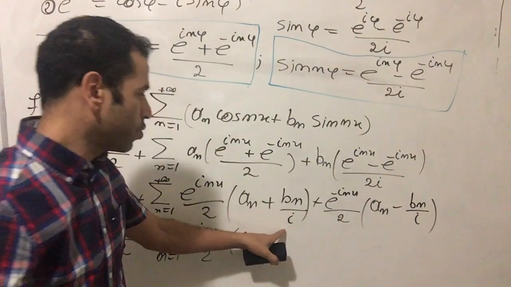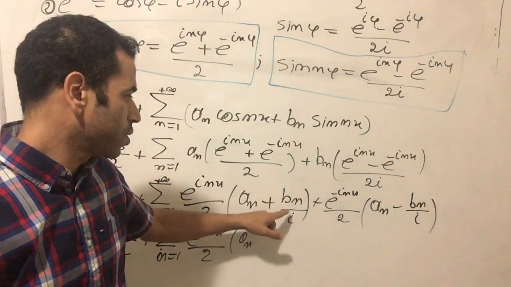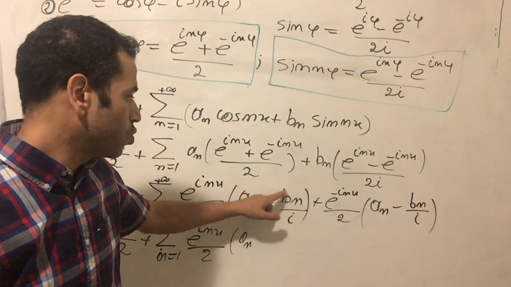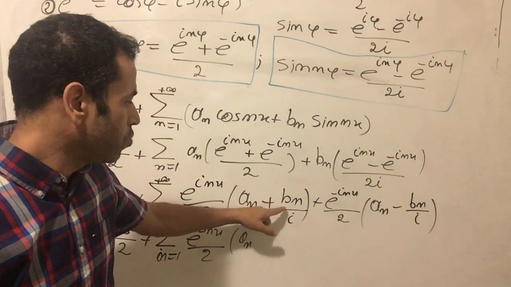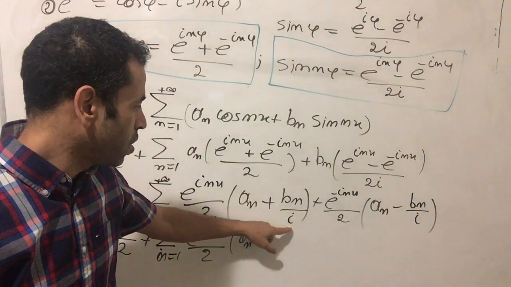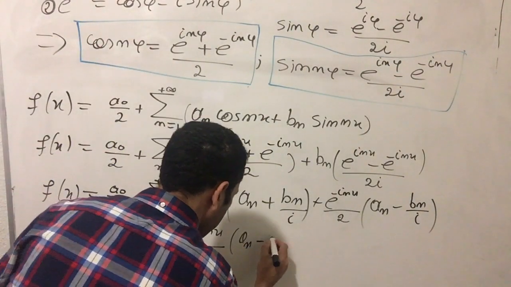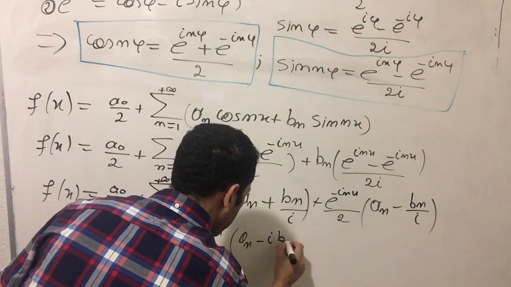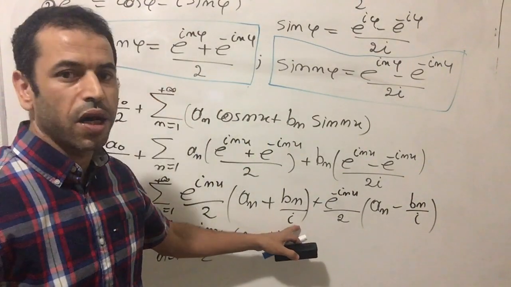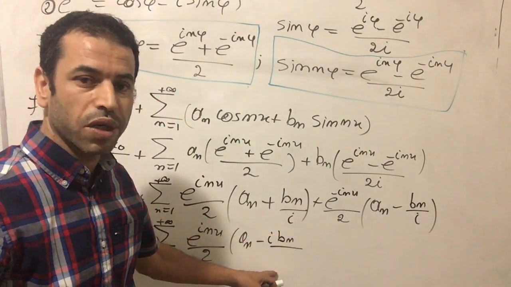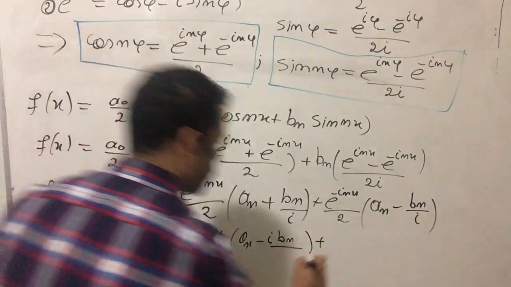If you take a look at b sub n over i, I'm going to simplify this by multiplying numerator and denominator by minus i. So we'll have minus i b sub n, and i multiplied by i is giving you minus 1. With this minus 1 it becomes 1.